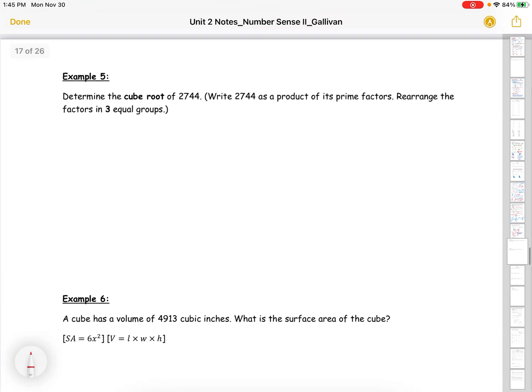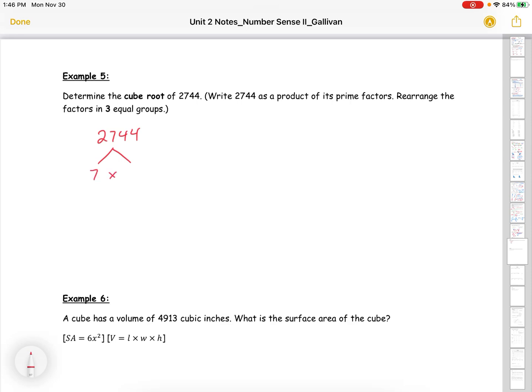So I've got a couple more examples here. Determine the cubed root of 2,744. Okay, so 2,744. We're going to do prime factorization.